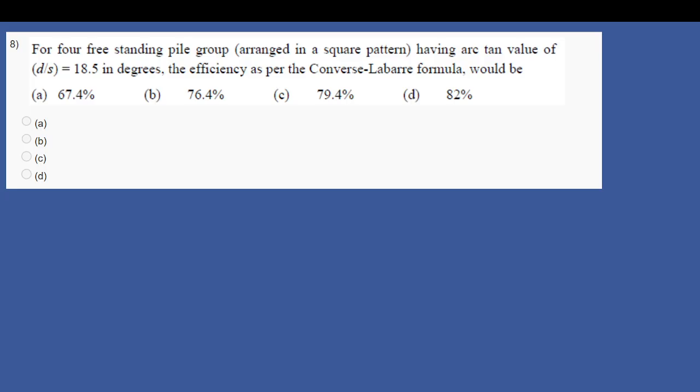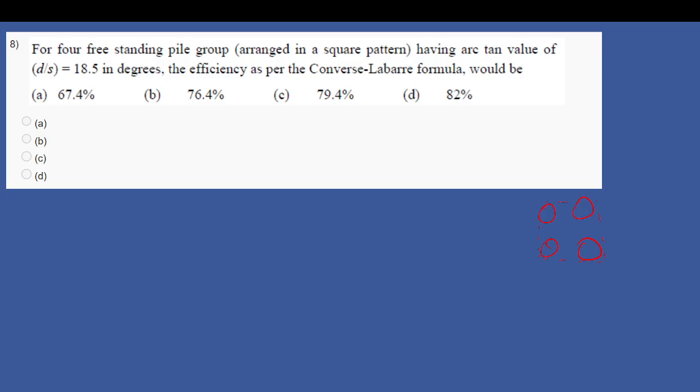Did you get this? What is a four freestanding pile group? Yes, sir. N is 2 and M is 2. Just put the value and get the answer.